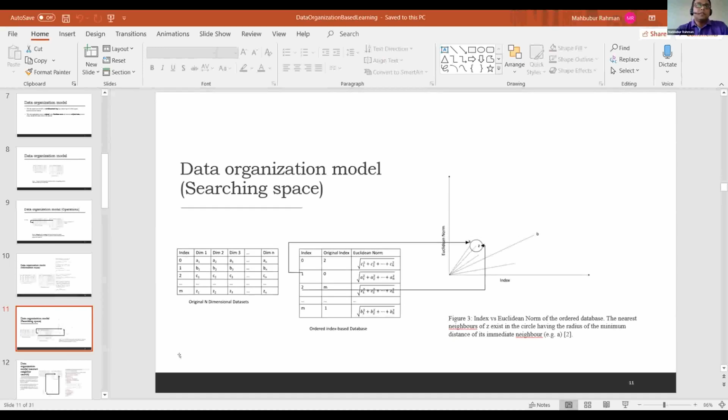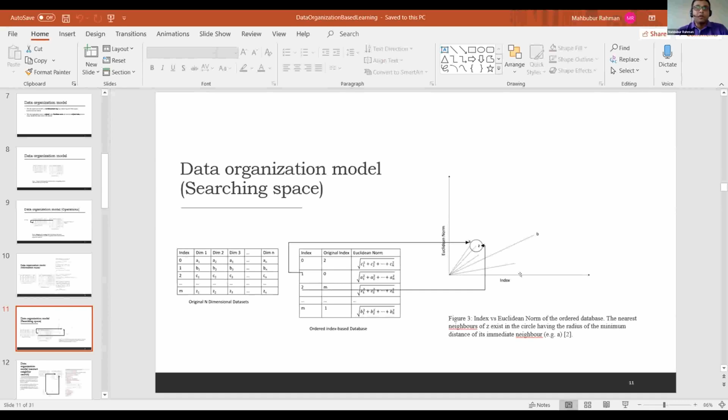Another interesting feature of this data organization model is that it can provide a searching space for a point of interest. In figure 3, we see that this figure represents index versus Euclidean norm of the ordered database.